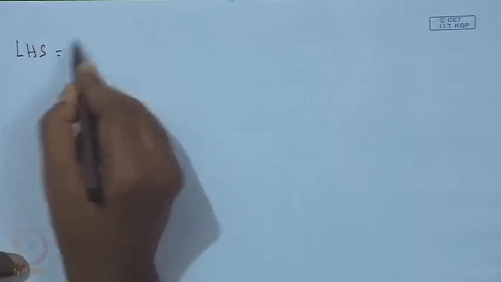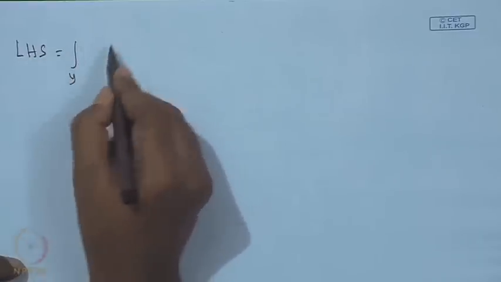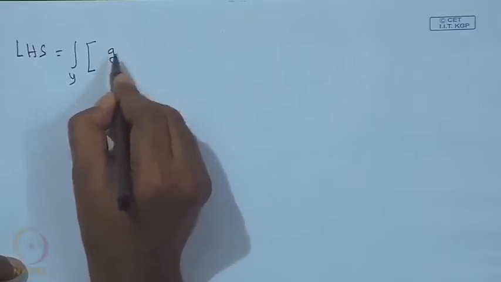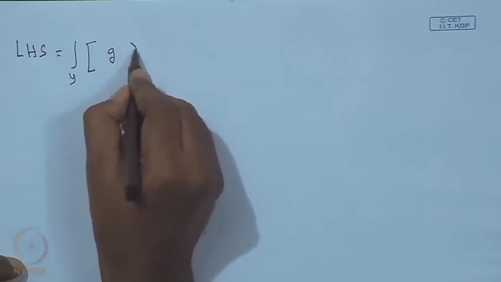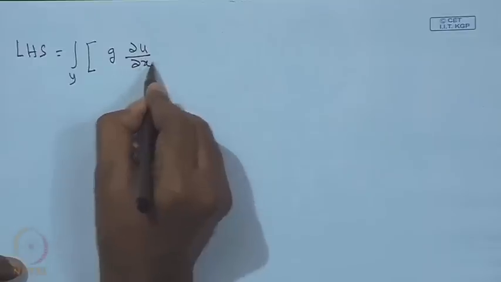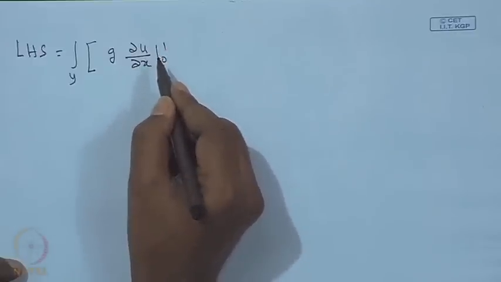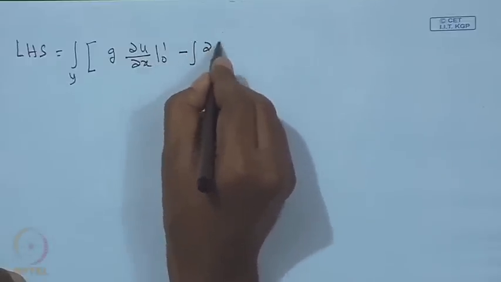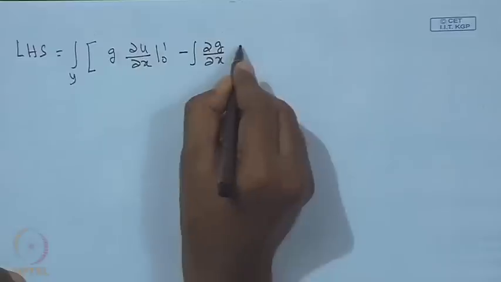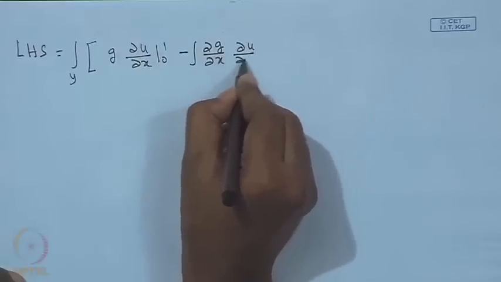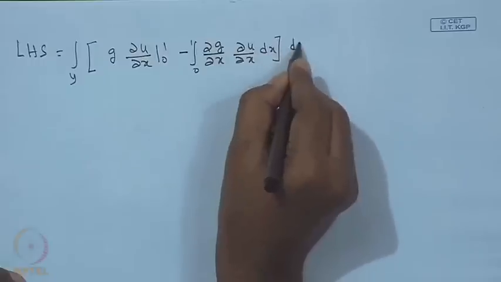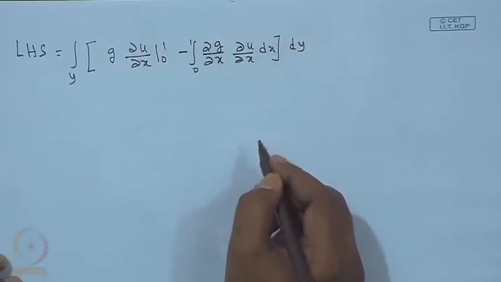So, we evaluate the left hand side: integral of y, first function g, integral of second function del u del x from 0 to 1, because x varies from 0 to 1, minus differential of first function, that is del g del x, integration of the second one del u del x dx from 0 to 1 dy, that is the first one.